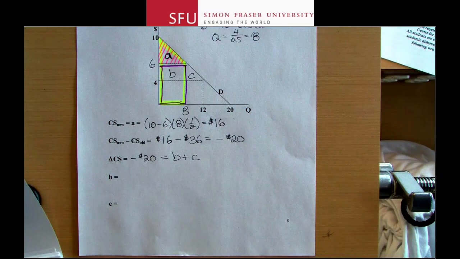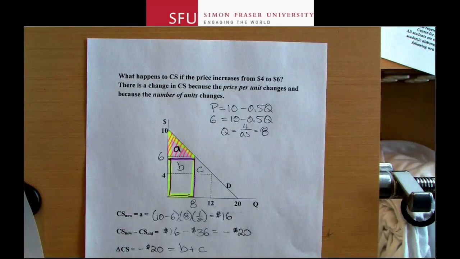Okay. Now, when the price changes, it changes how well off we are, how happy we are with our consumption, for two reasons. It changes the cost per unit, and it changes the number of units that we're getting. We can see this in the graph.